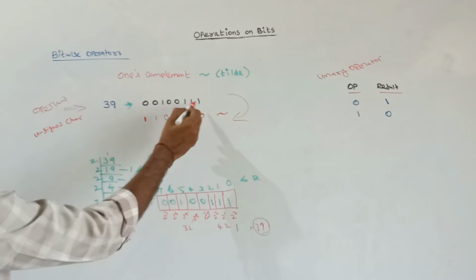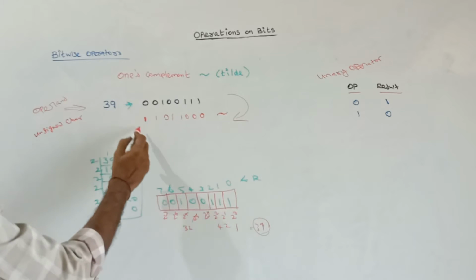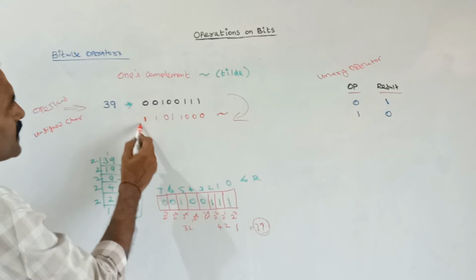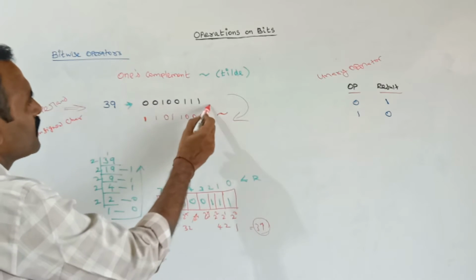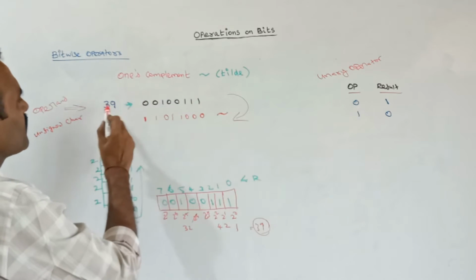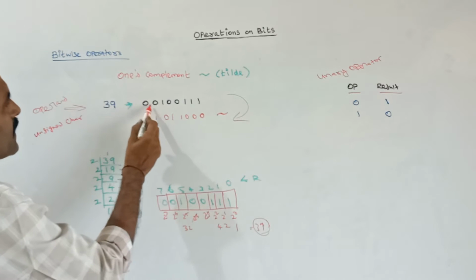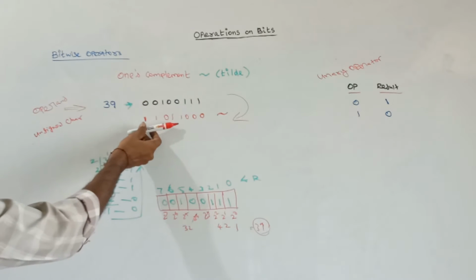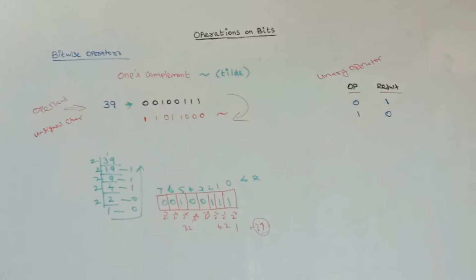A character is 8 bits, and here there is no sign. Every bit is used for the number. So this 39 occupies totally 8 bits, and its binary value is stored here. When I convert, this value is the ones complement value of 39.